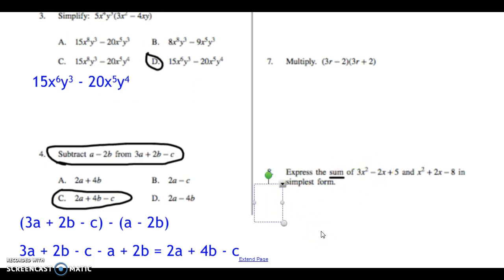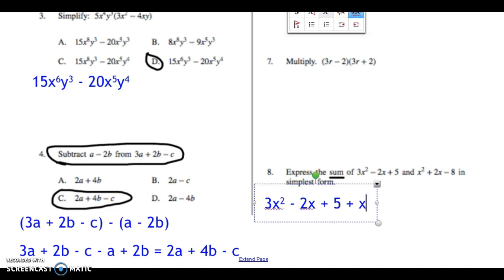So the first terms are 3x to the second power minus 2x plus 5. We're going to add that to the next polynomial, which is x squared plus 2x minus 8.